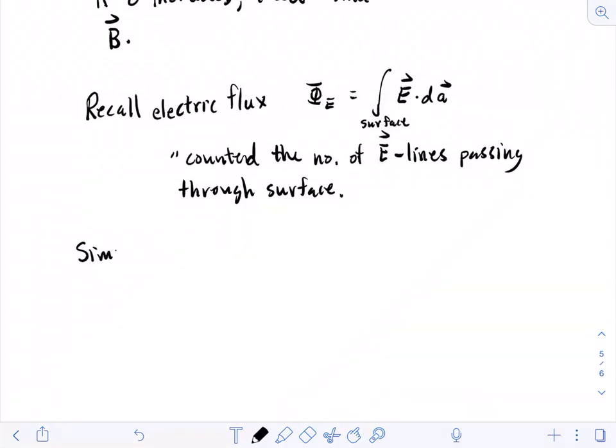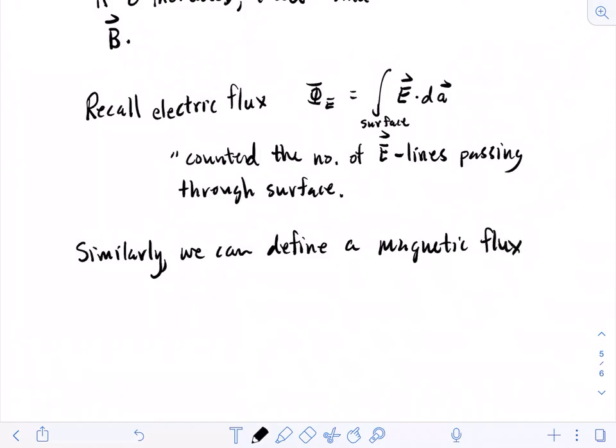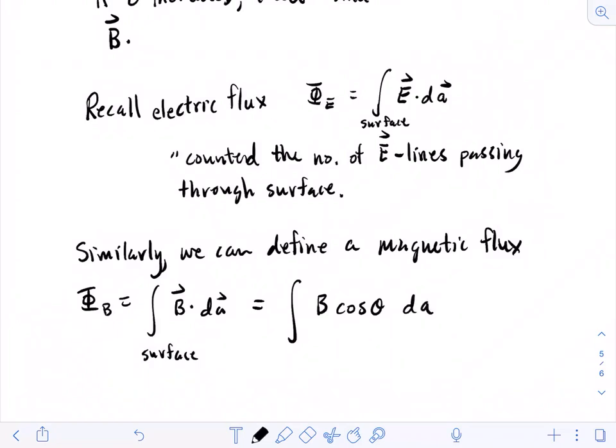So similarly, we can define a magnetic flux that I'll call phi B, which has the exact same definition, but instead of E dot dA, it's B dot dA, which is B cos theta dA.